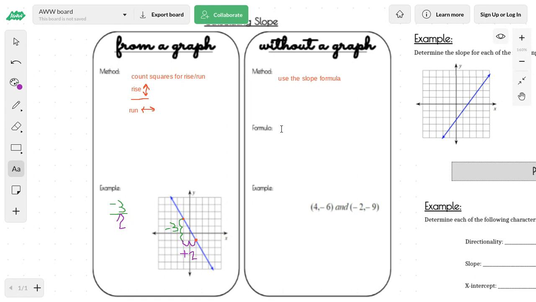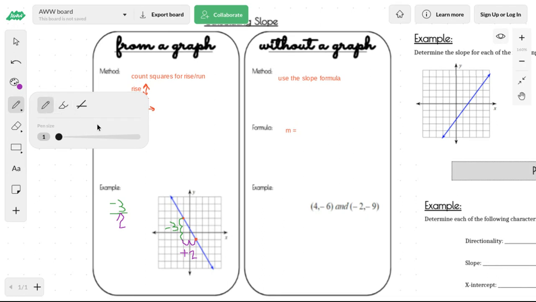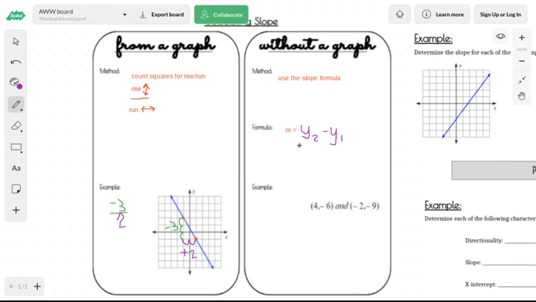So our slope formula is m equals y2 minus y1 over x2 minus x1.